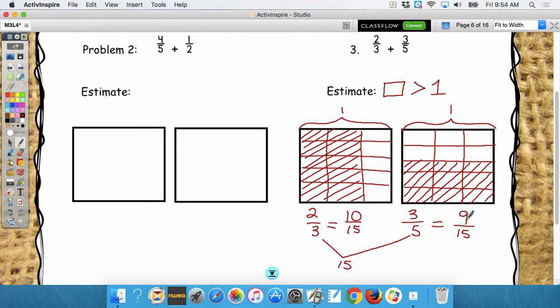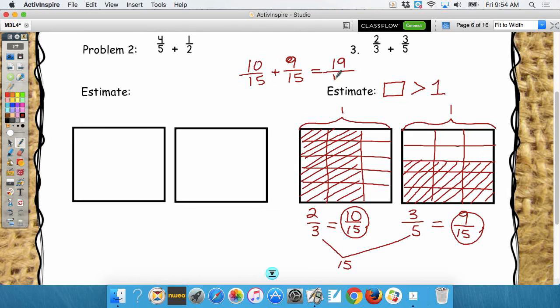Your drawing has to be right though. So now I have these two fractions right here that will be my new problem. And I'm going to start it way over here so I can have enough room. So I'm going to have 10/15 plus 9/15 equals what?